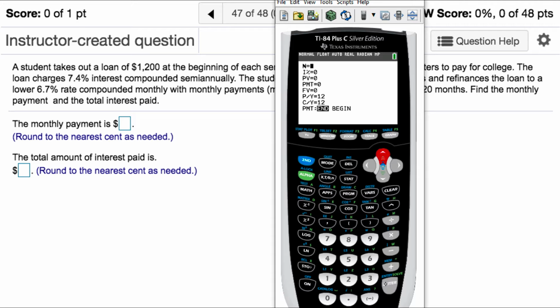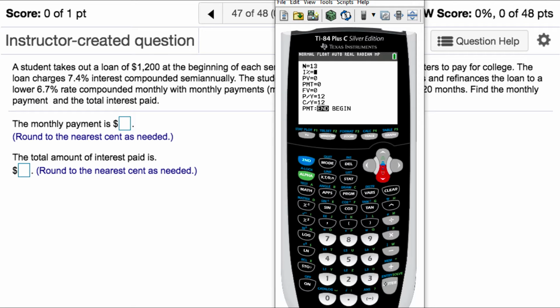So that's going to be a payment, and that's going to happen 13 times. 13 semesters is 6.5 years with 2 semesters per year, but none of that is important. All that's important is there are going to be 13 payments of $1,200 made to the student. So again, we don't need to convert this to years. What's important is how many payments of $1,200 the student is given, and that's 13.